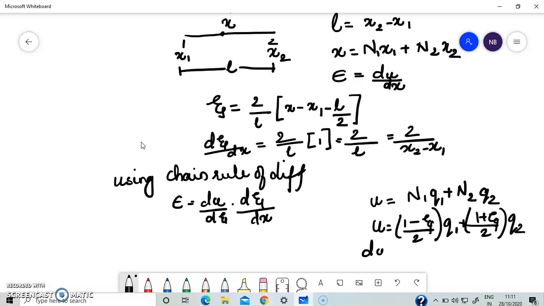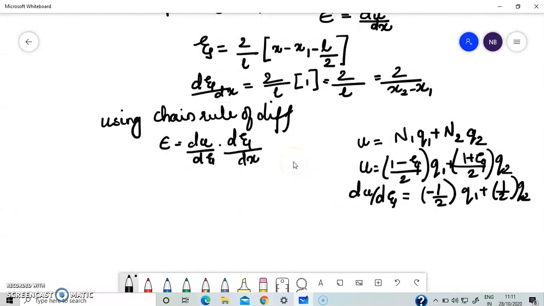If we differentiate this with respect to zeta, we get du by d zeta equals (-q1 + q2)/2.